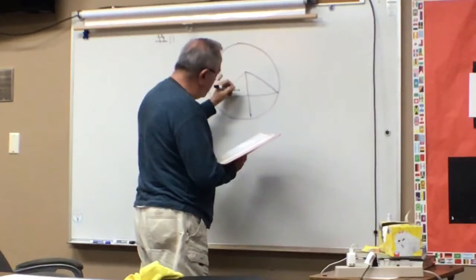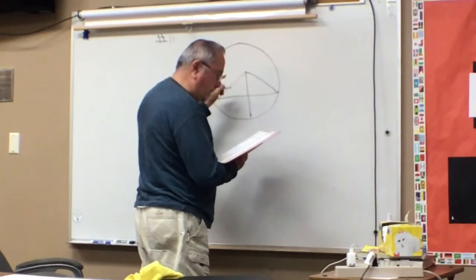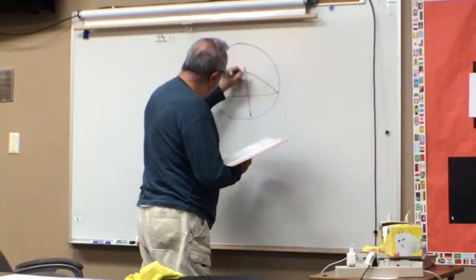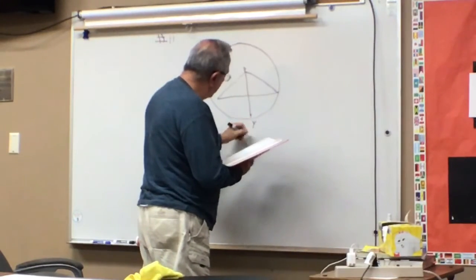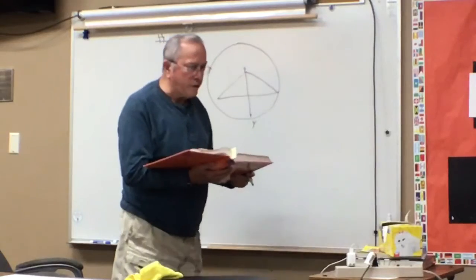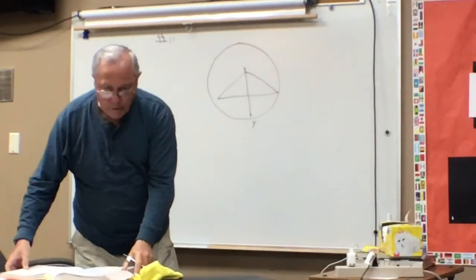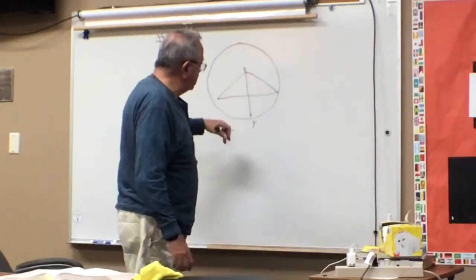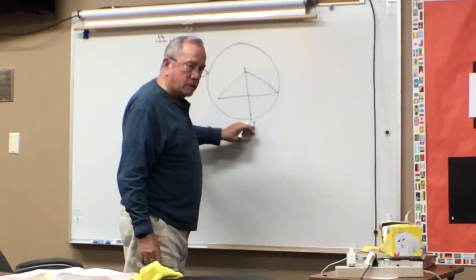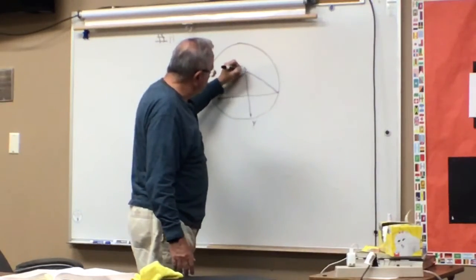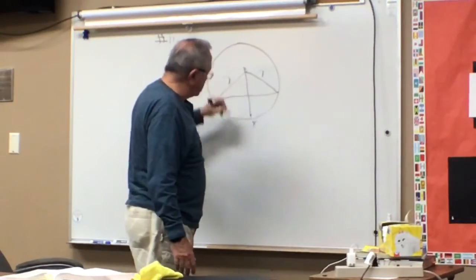And watch, this is what's important. It says that RY. Here's the trick to this problem. RY, but isn't RY a radius? Everybody agree? From R to Y, is that a radius? Aren't all radiuses equal? So guess what? If this is 7, this is 7, and that's 7, isn't it?